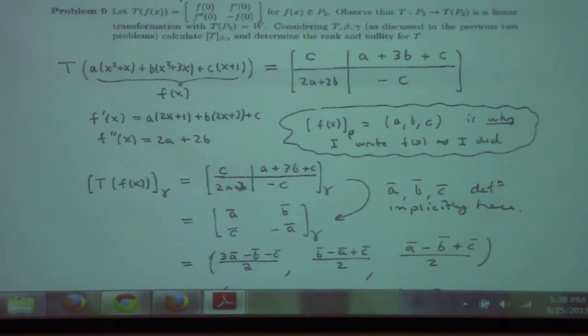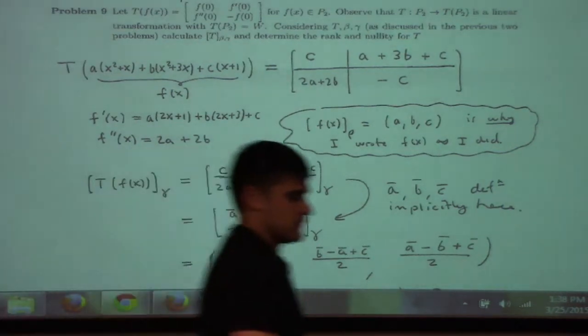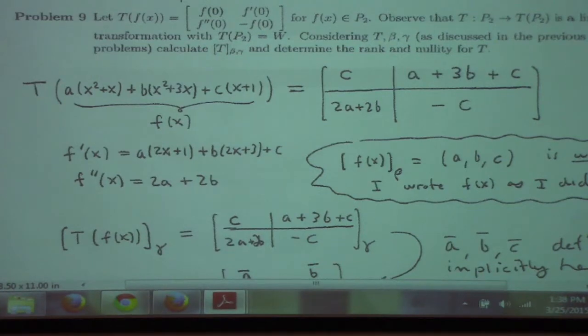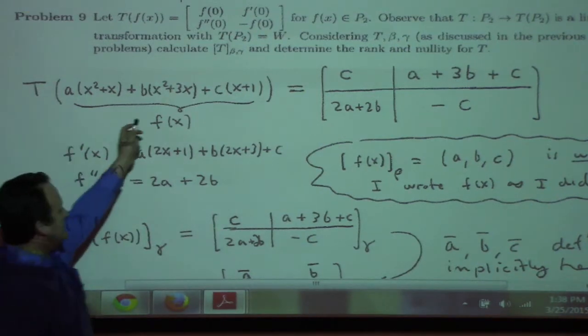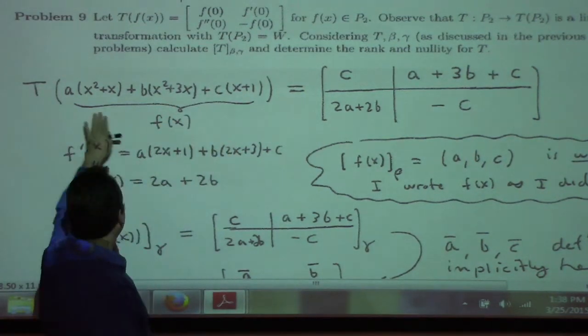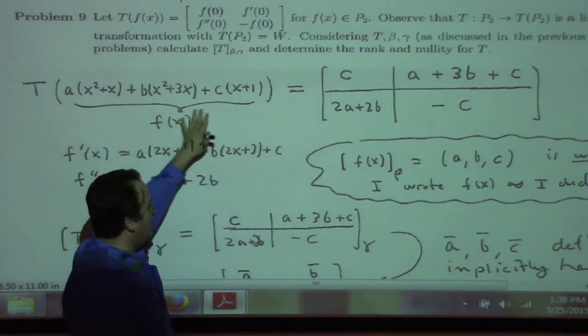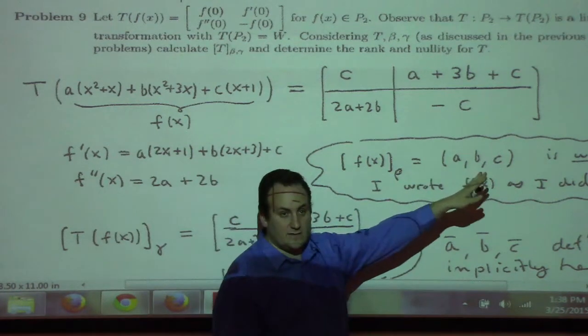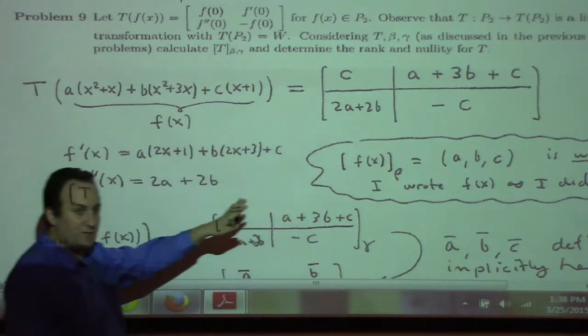Whenever you're trying to figure out the matrix of a linear transformation with respect to some abstract vector space, it's in your best interest to pick a natural expansion in the domain. The natural expansion in the domain respects the basis which you're given. Here I'm given basis beta, which has x squared plus x, x squared plus 3x, and x plus 1. So that's why I chose this, this, and this, because that makes the coordinate vector of f(x) just a, b, c, which is good for what follows.